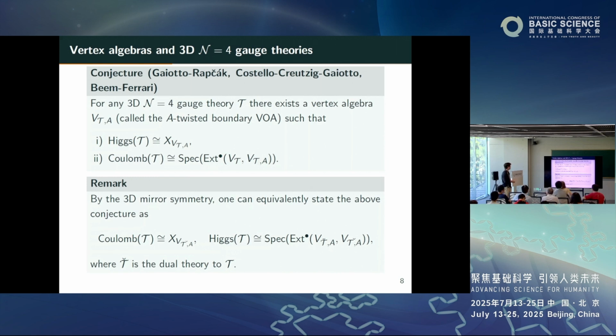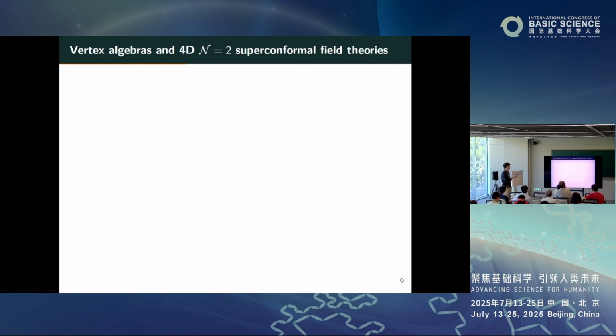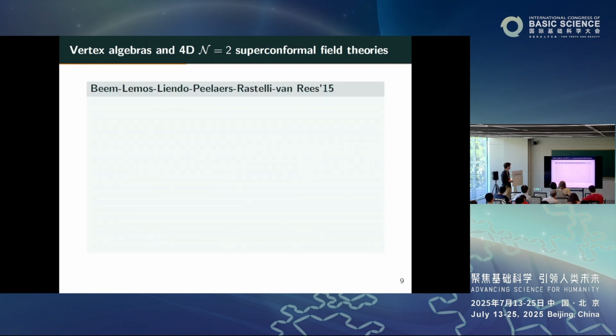And there's also a connection of vertex algebras with 4D theory. This was discovered by a group of physicists, Beem, Lemos, Liendo, Peelaers, Rastelli and van Rees, rather recently.